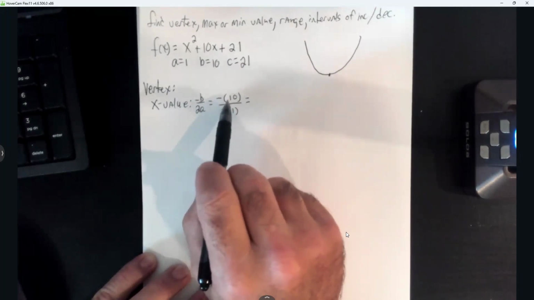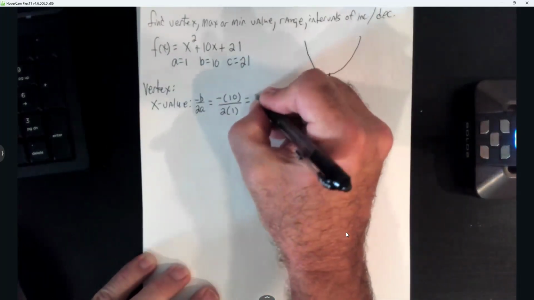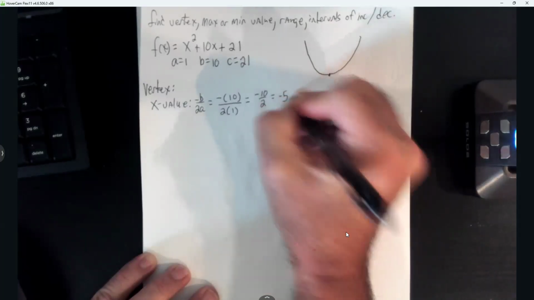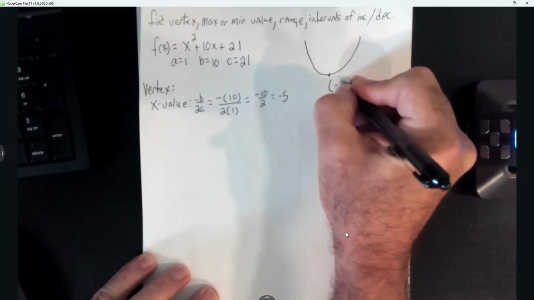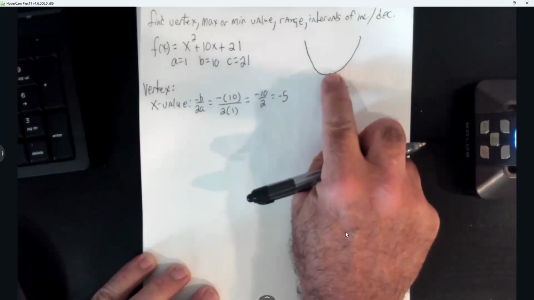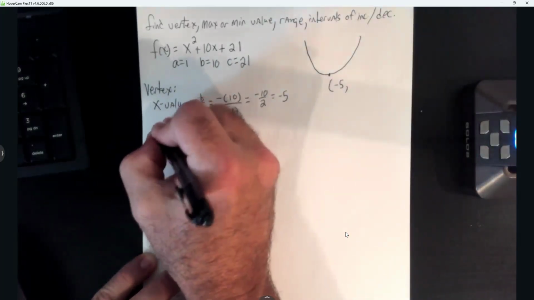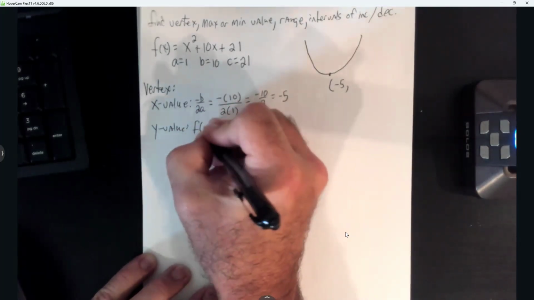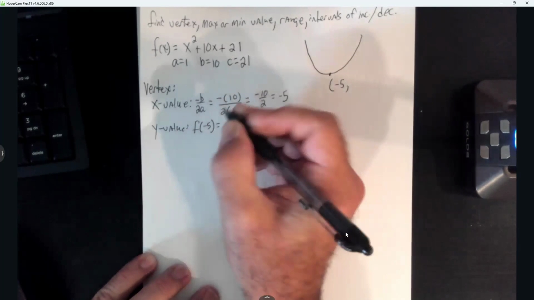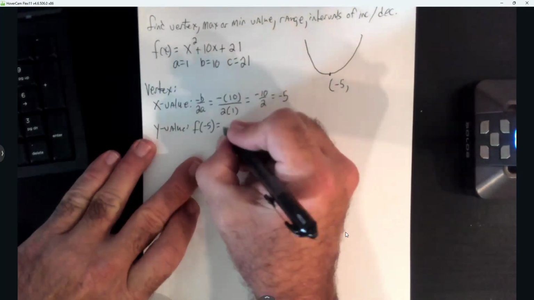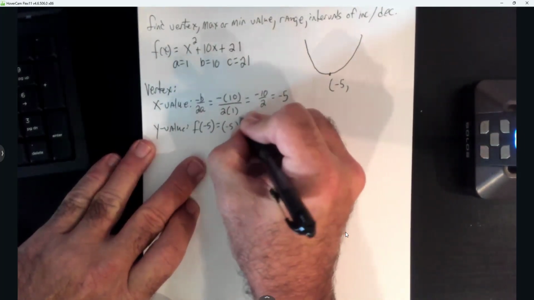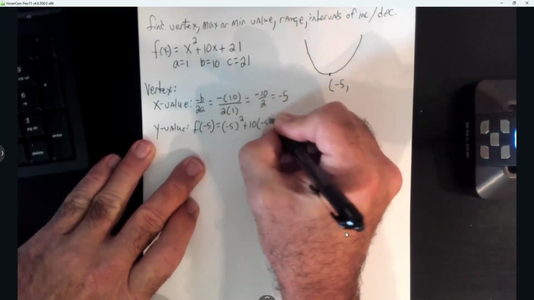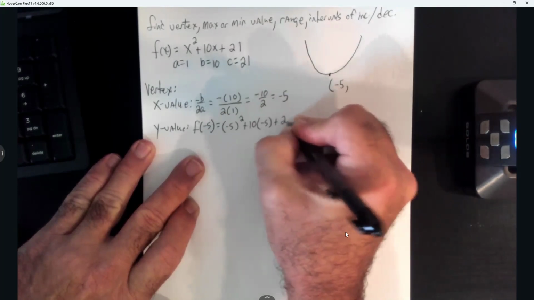All right, y'all, so let's say I get a negative 10 over 2, which will give me a negative 5. So I know the x value now, so let's get our y value. That'll be f of negative 5. So that's going to give me negative 5 squared plus 10 times that negative 5 plus 21.